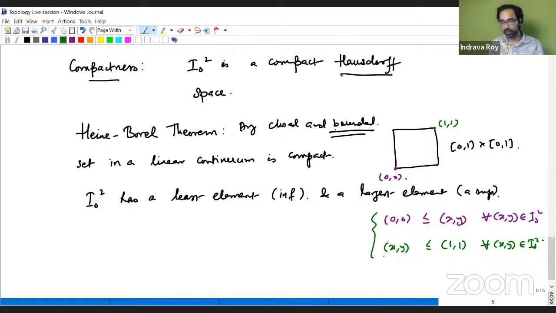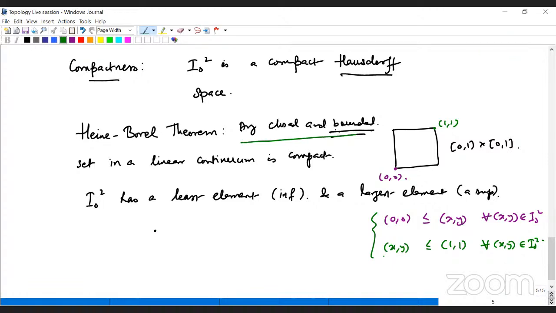And with this definition of boundedness, I'm just trying to differentiate between boundedness in a metric space and boundedness in a set with an order relation. So here we are using the Heine-Borel theorem for boundedness in a set with an order relation, and in fact it's a linear continuum, right?